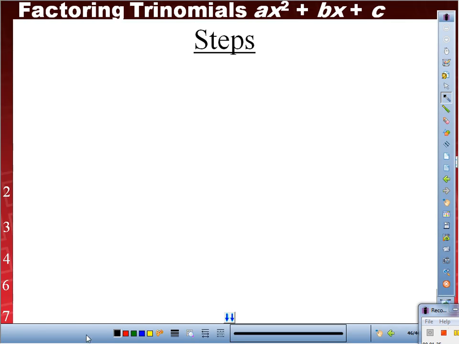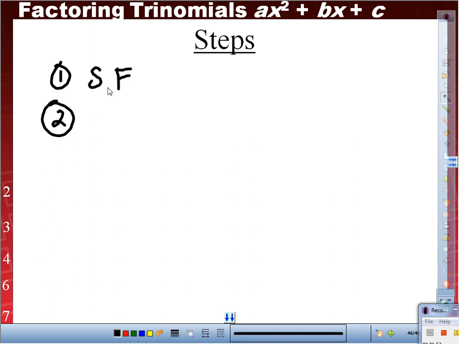So, step number 1 and step number 2. Talk to your neighbor. What are the first 2 things we check for, please? Let's see, Justin, go.